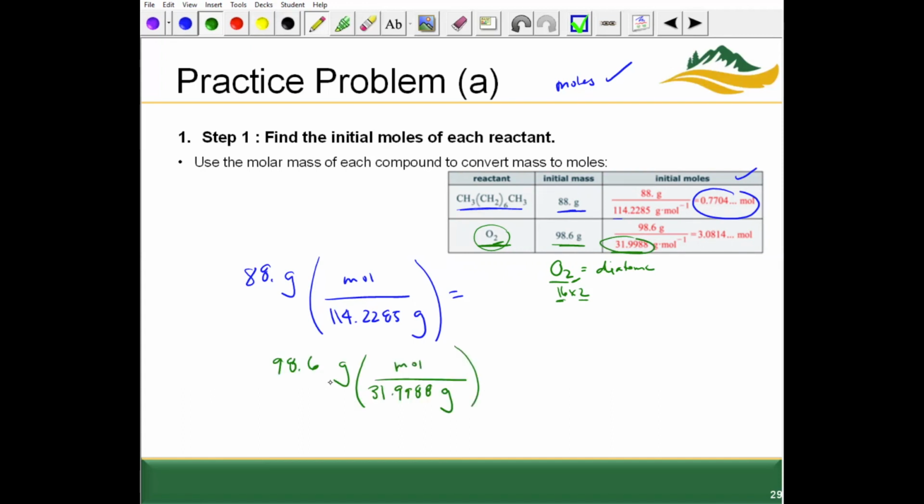So 98.6 grams of oxygen, here is the molar mass of oxygen. So grams cancels out, leaving just moles of O2. That comes out to 3.0814 moles of O2.